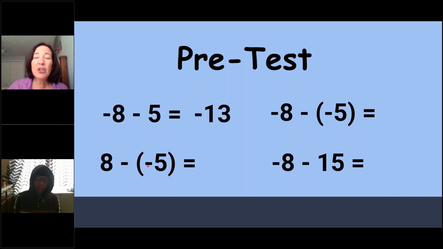So it's just the new custom since computers have been so prevalent and everyone's got them. We put these parentheses just to make it clear that this number is -5. So we want to separate the negative sign from the subtraction sign.